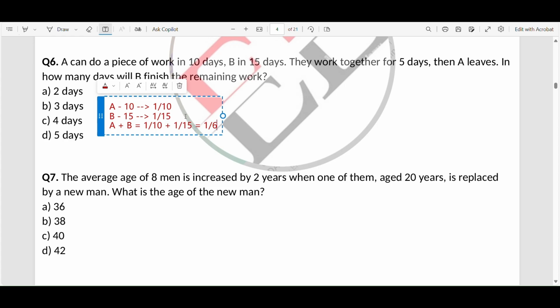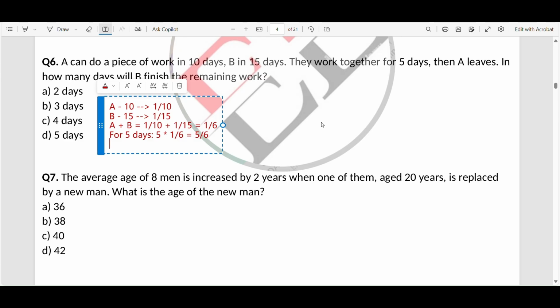So for 5 days they worked together, right? For 5 days the work completed is 5 into 1 by 6. 1 by 6 is the work completed in a single day. For 5 days they have worked. So 5 by 6 of the part is completed.